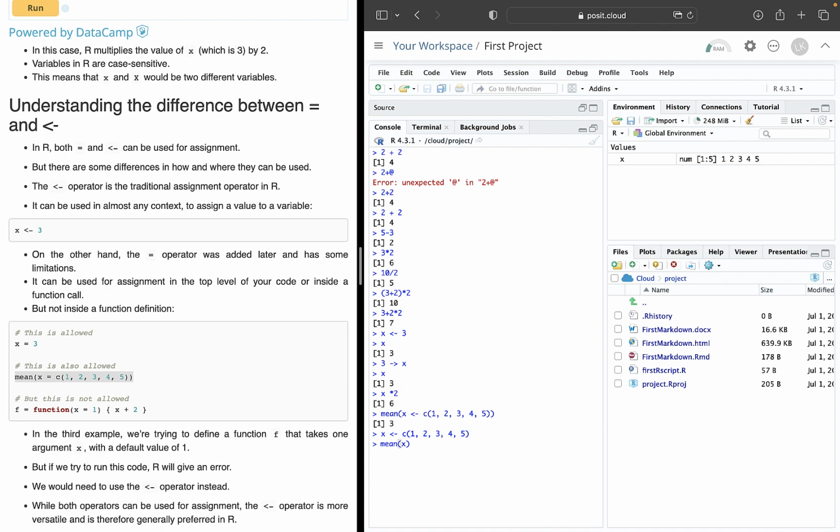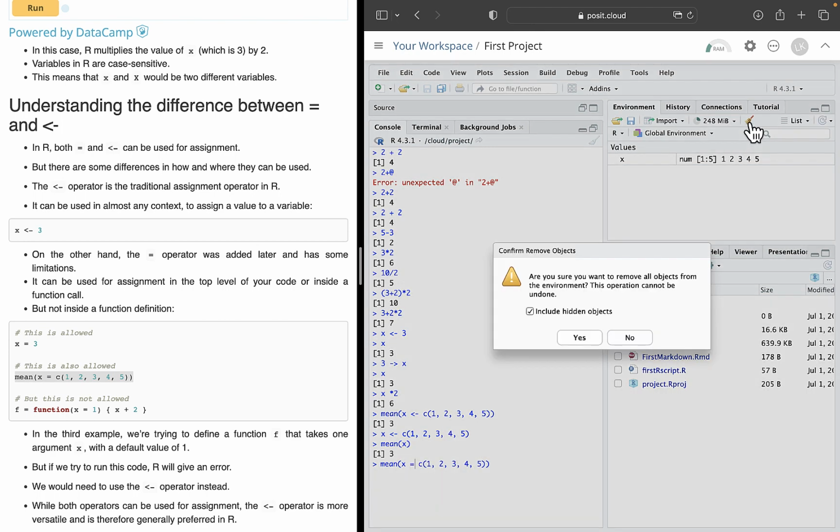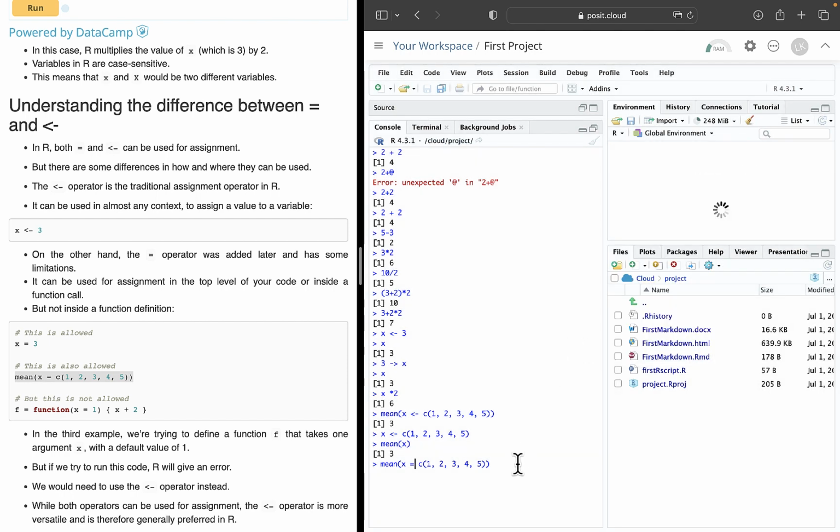That's what happened. As opposed to if what I do is this, and I put this equal sign in here. And now I'm going to go ahead and clear this global environment out again. And bang. Notice I get the 3, so it calculated the mean just fine, but didn't put anything in the global environment.